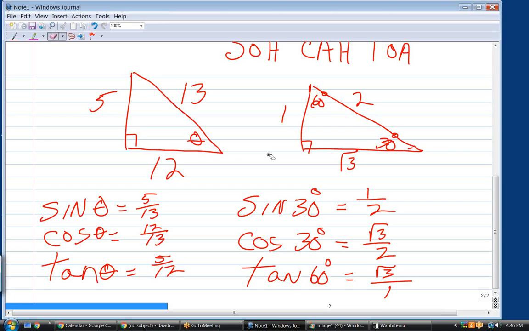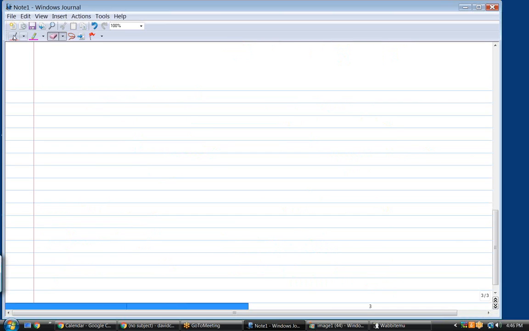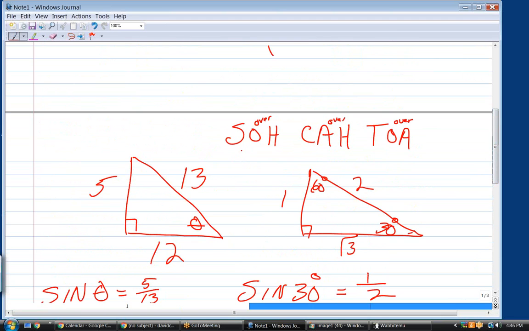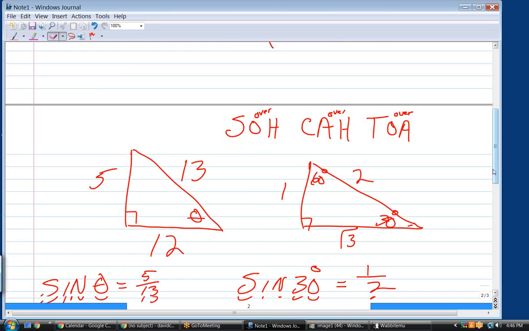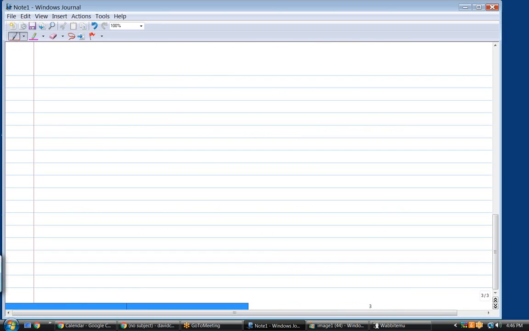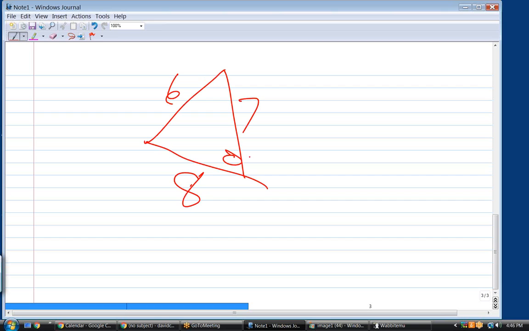And it's worth noting something, that we are only talking about right triangles when I talk about this. In other words, there is no hypotenuse if it isn't a right triangle. So this does not work for non-right triangles. If I draw a triangle like this, maybe 6, 7, 8, and I say, what is the sine of theta? I don't know. I can't answer that.